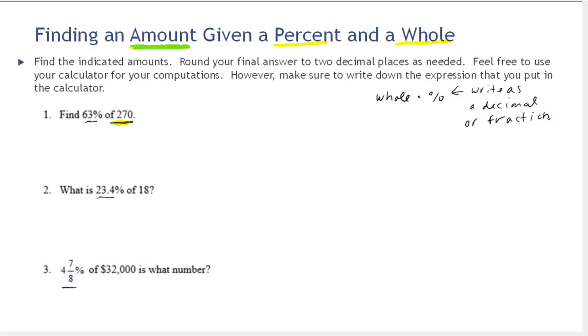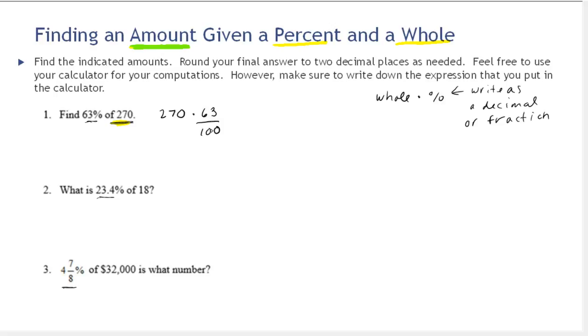Okay. So let's look at the first one. We want to find 63% of 270. So we have 270. We want 63% of it, so that's 63 out of every 100 pieces. So I'm writing 63% as a fraction, and I'm going to do that in general rather than a decimal.